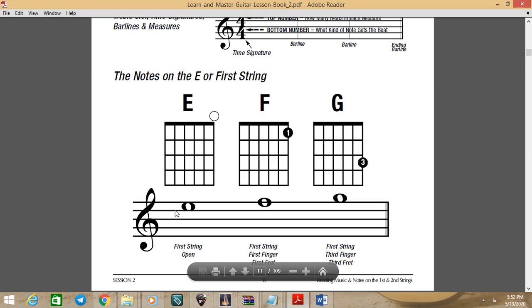For example, this one is between line 4 and 5 and it is E. You should memorize it exactly. Try repeating it many times: E between lines 4 and 5, F on line 5, G above line 5, like a poem. E between 4 and 5, F on 5, G above line 5.